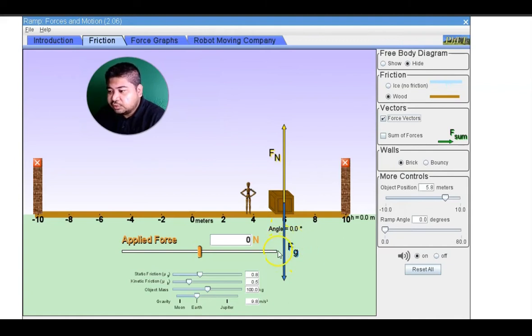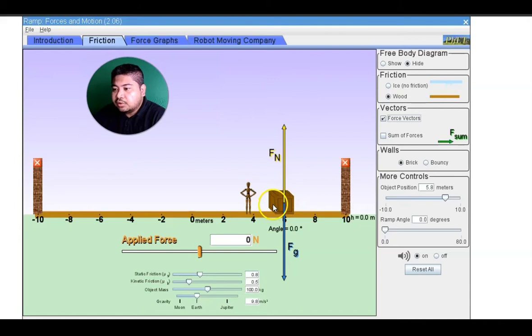So this is actually the weight of the crate. Because the crate exerts a force of gravity on the floor, the floor will exert the same amount of force in the opposite direction. This force is called the reaction force or the normal force. So it is labeled as Fn. Fn is the reaction force or the normal force exerted by the floor on the crate.